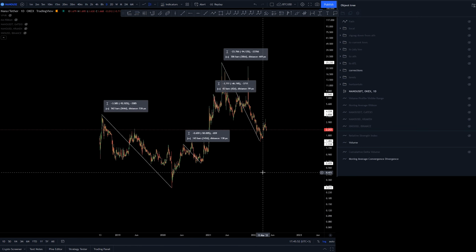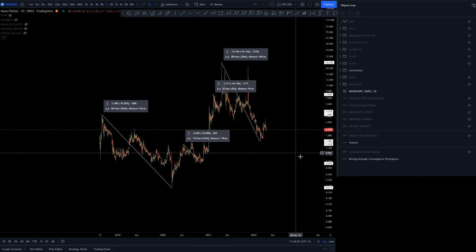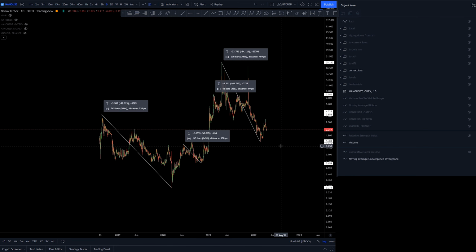So I would like to think that this is a 1-2-1-2 structure that is just ready and primed to go. Even if we come a bit lower, there's loads of space still down here to go through.